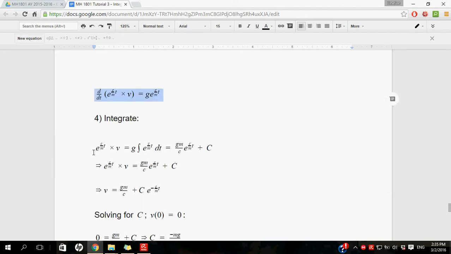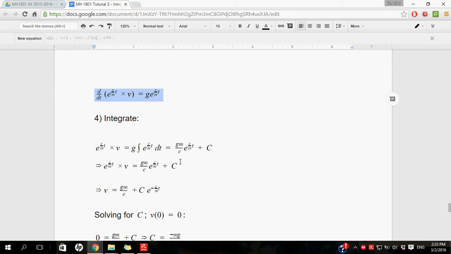So the left hand side is e to the c over m t times v, and we have to integrate this exponential function. What this gives us is g times m over c times the exponential function plus our arbitrary constant C.